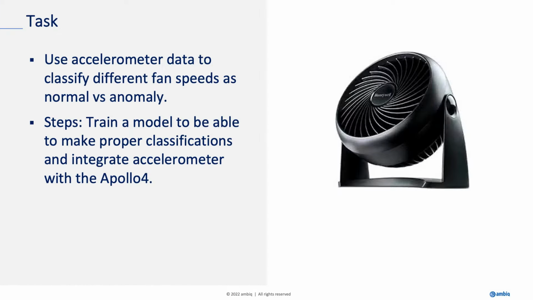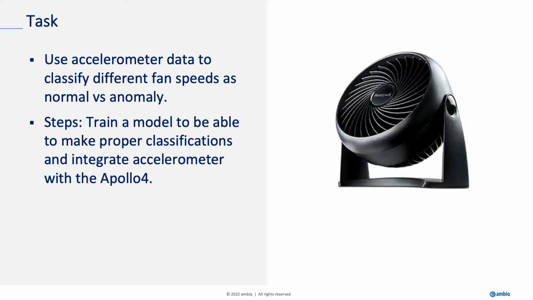Evan, are you ready? Hey everyone, I'm Evan. I have been an intern here at Ambiq over this past summer, and I have been working on creating an AI model to detect anomalies, but specifically, my AI model uses accelerometer data to classify different fan speeds as normal versus anomaly.